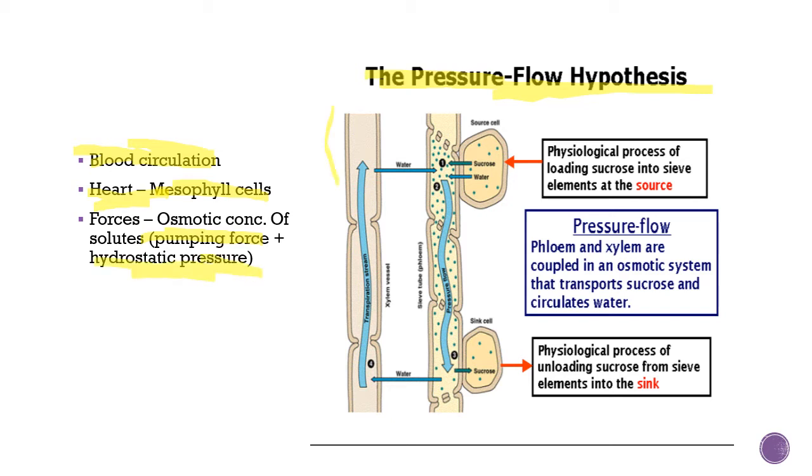Now coming to this diagram, this is the source region and this is the sink region. In the source there are mesophyll cells present in the leaves, and in the sink region there are cells present in stem, roots, or whatever areas other than the leaves.